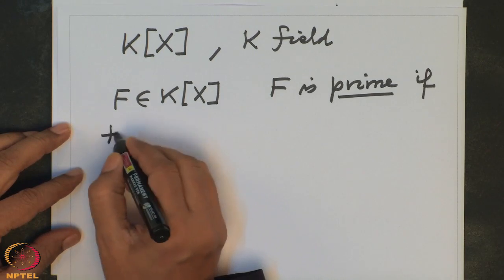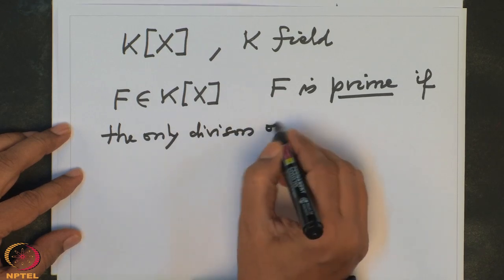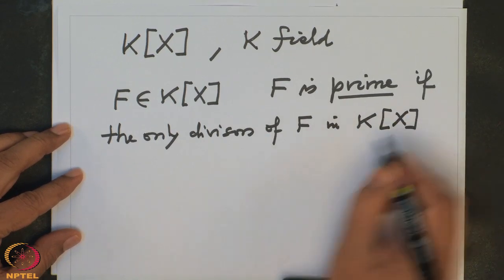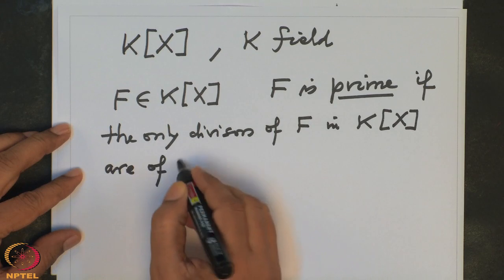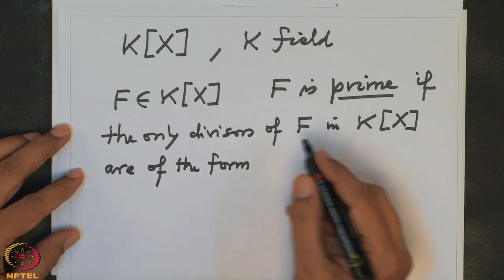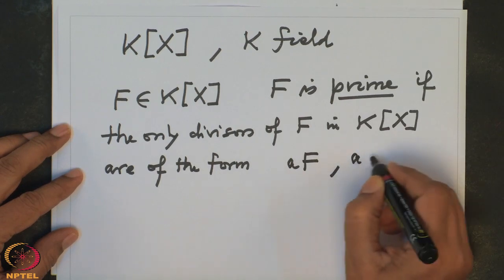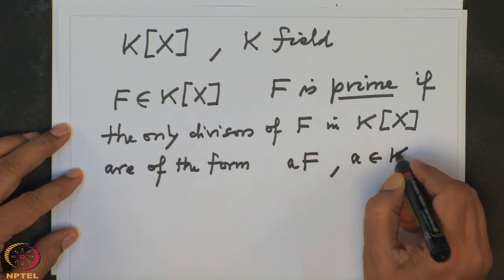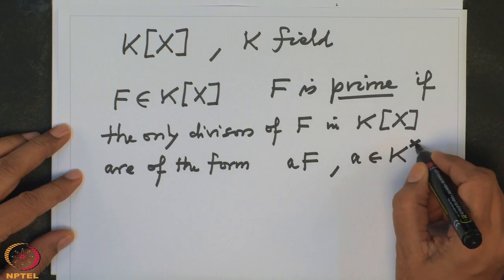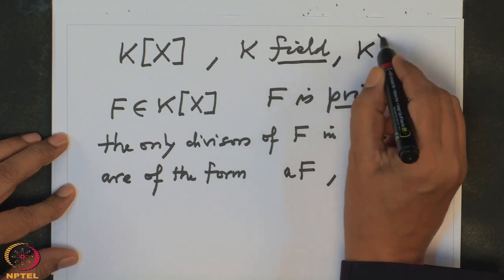If the only divisors of f in K[x] are of the form a times f, where a varies over the non-zero elements of the field, that is K cross. Remember, because K is a field, K cross is all the non-zero elements.